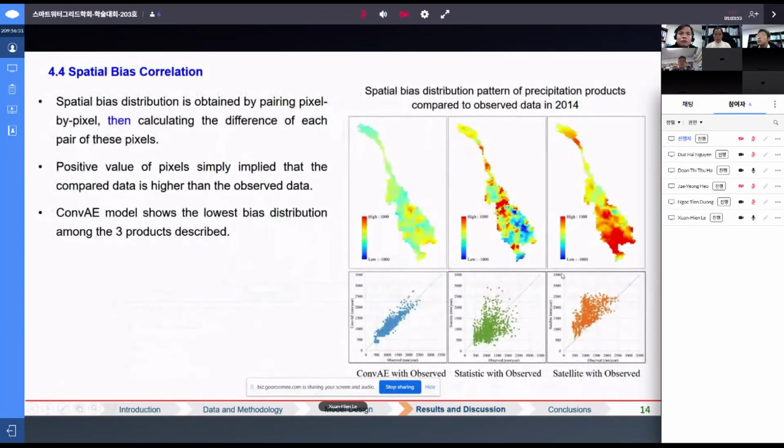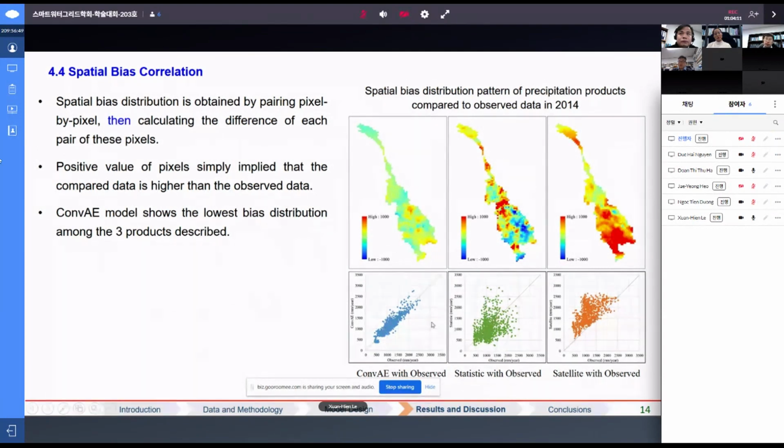And the next is a comparison in terms of the spatial bias and correlation. The spatial bias distribution is obtained by pairing pixel by pixel and then calculating the difference within each pair of pixels.